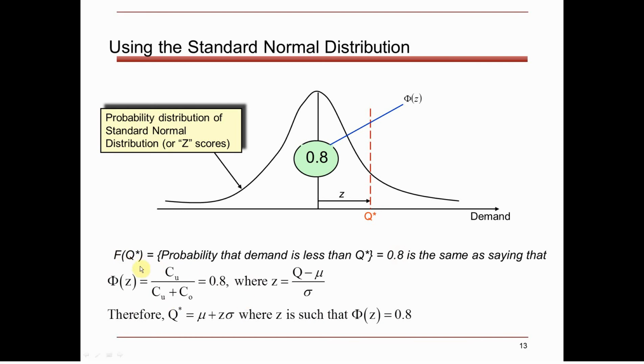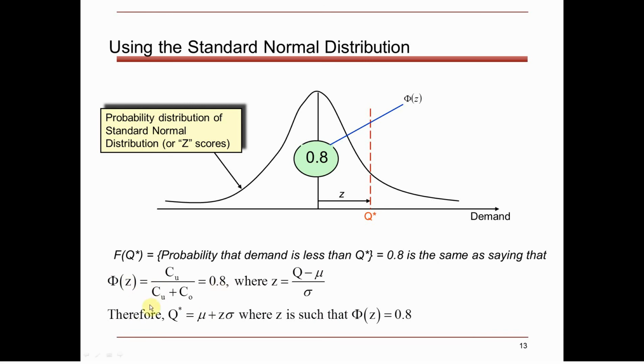F of Q star is the probability demand is less than Q star. That's the same thing as saying phi of Z, the standard normal distribution, whose mean is 0 and standard deviation 1, equals 0.8.